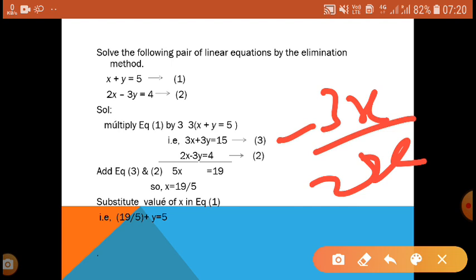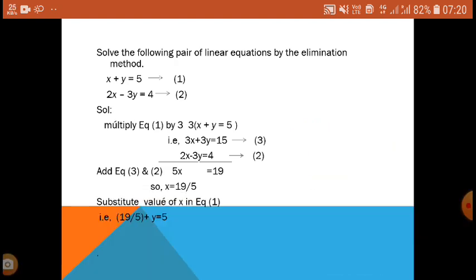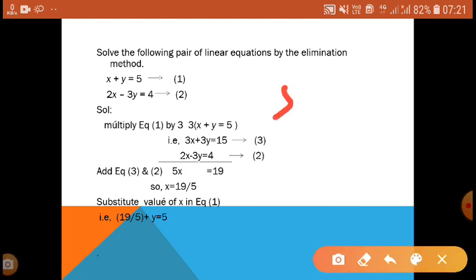So 3 plus 2 becomes 5. Plus 3y minus 3y becomes 0. So 5x equal to 15 plus 4 becomes 19. Now 5x equal to 19 is there.